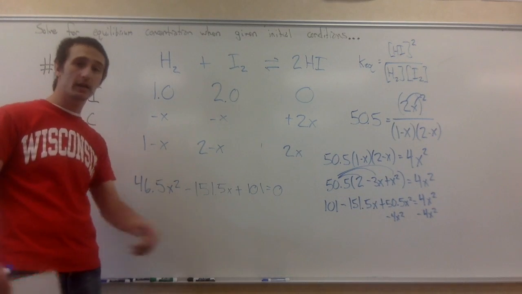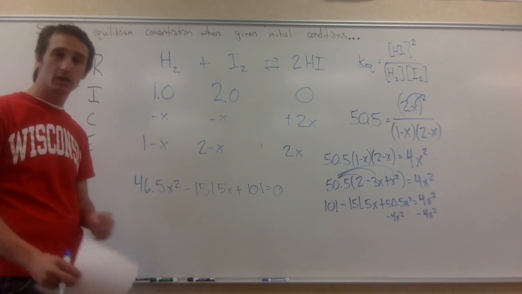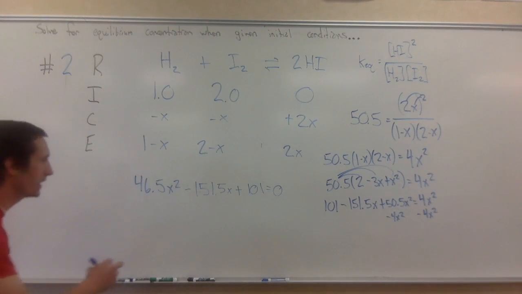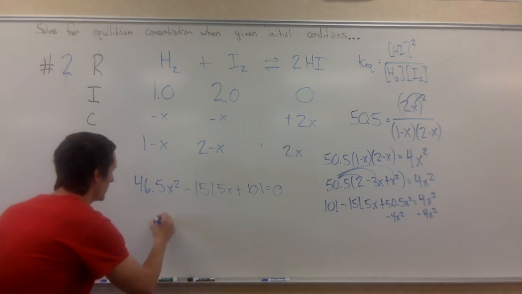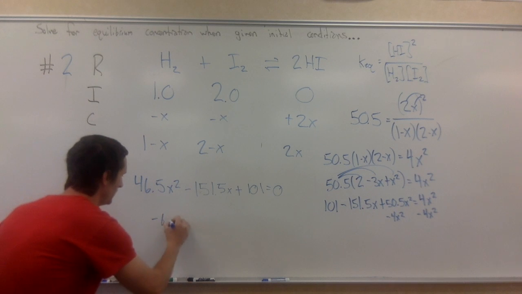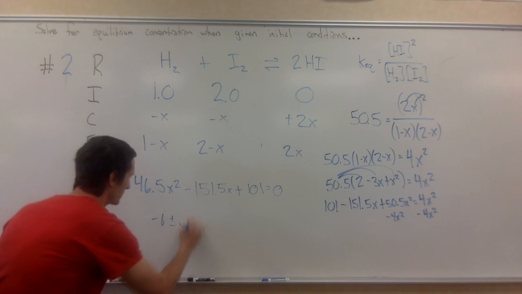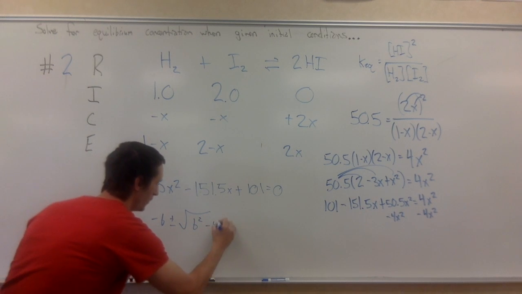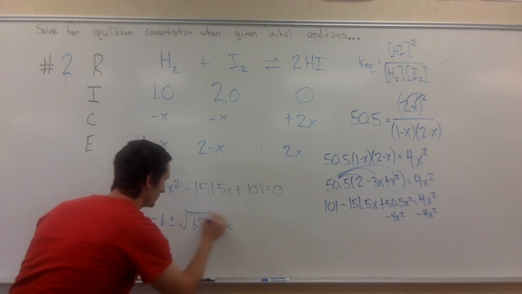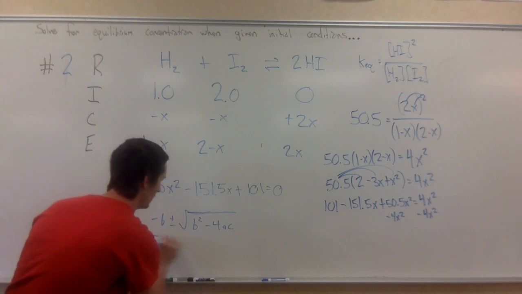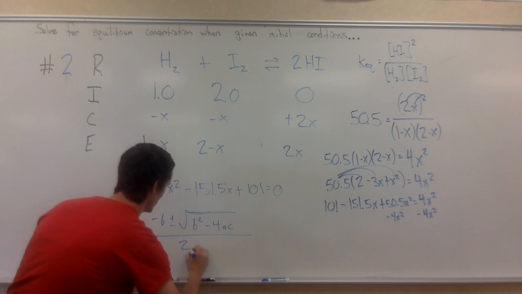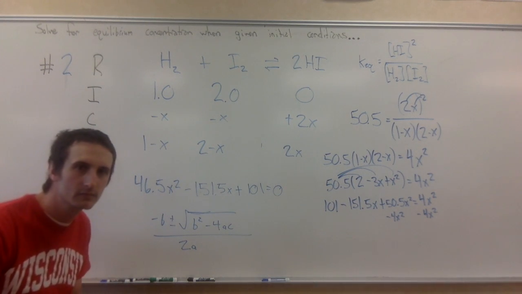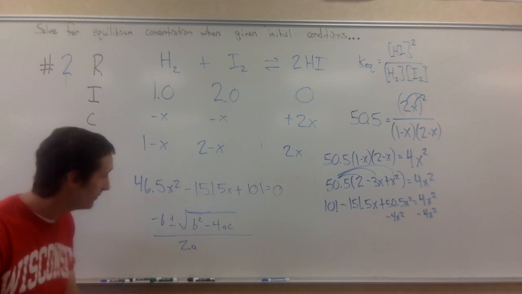You recognize that as a quadratic equation, and so here you can use your friend, good old quadratic, negative b plus or minus square root of b squared minus 4ac, all divided by 2a. I did this math already.